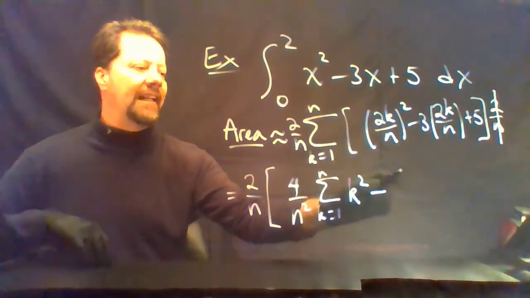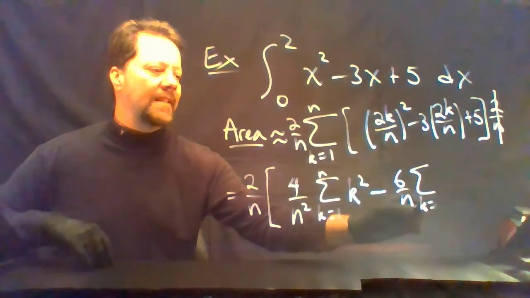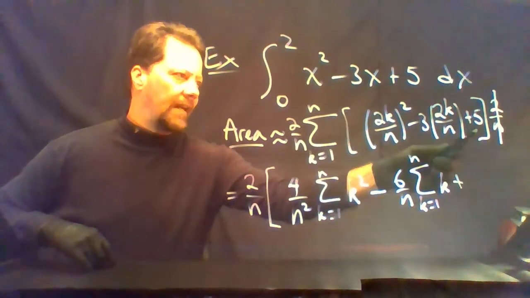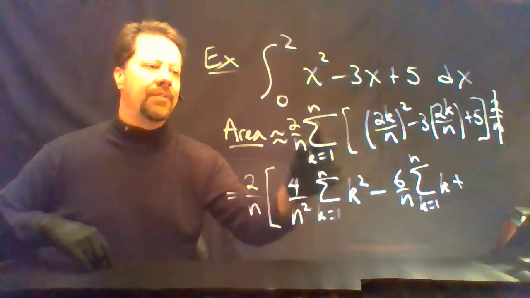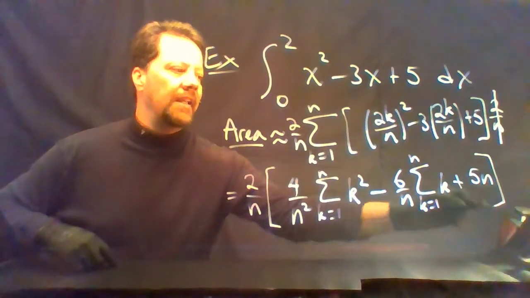We'll have negative 6 over n, the sum as k goes from 1 to n of k. And then if we add 5 to itself n times, the last term is simply 5n.